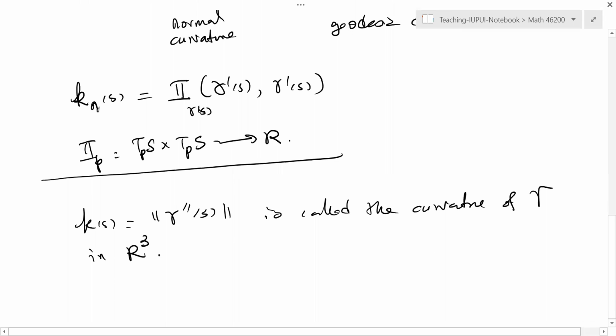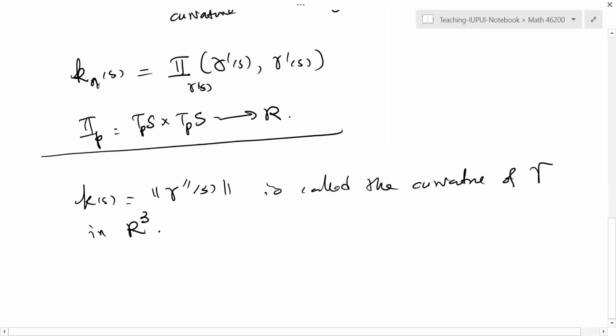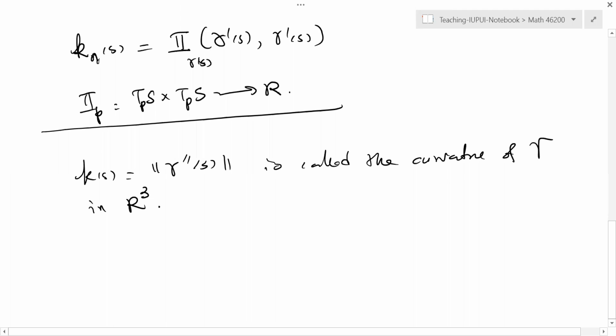If we view gamma as a curve in three-dimensional space, not only as a curve on the surface, then that is actually the curvature by definition. Then you differentiate again and you get a torsion. The torsion can be related to the normal curvature and maybe the geodesic curvature, so we can discuss that a little bit later. So this is a normal curve.